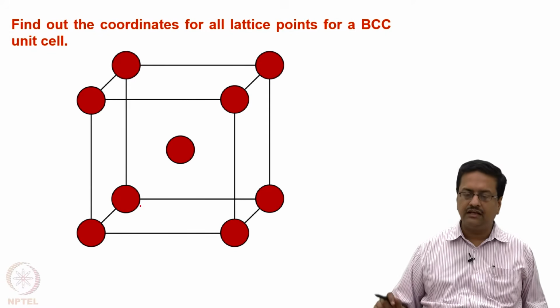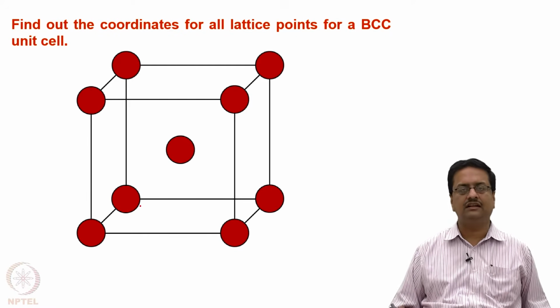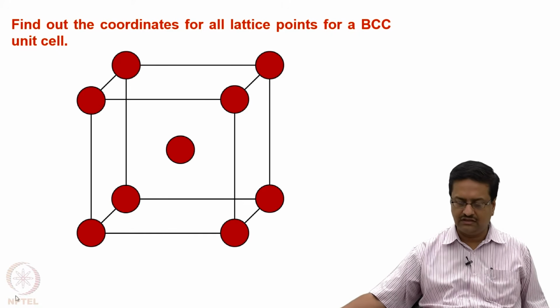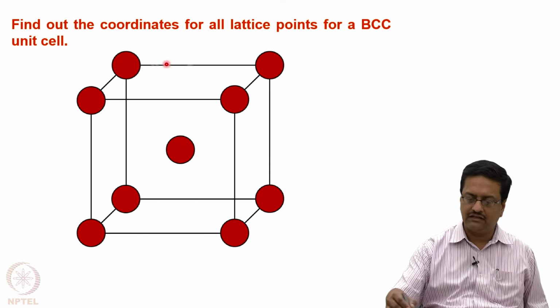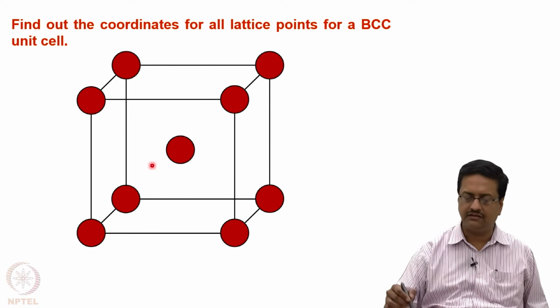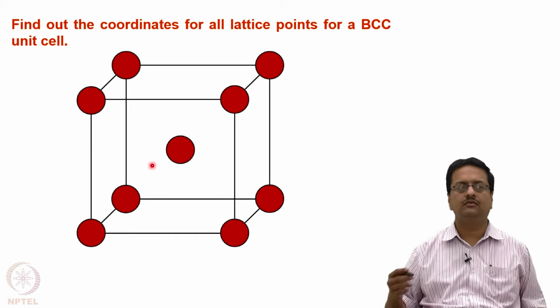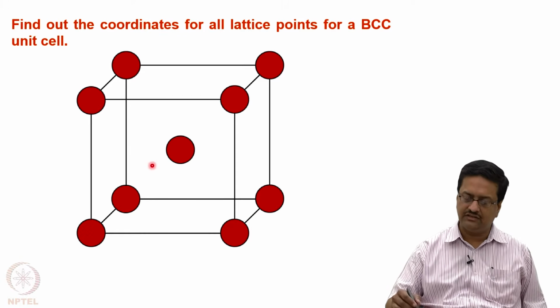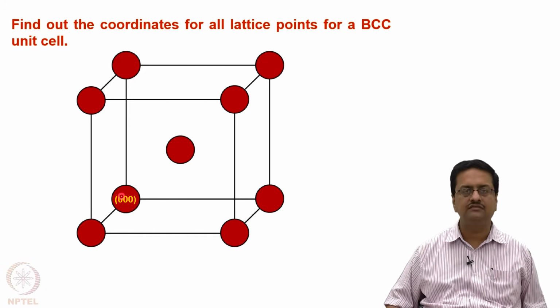In the case of a body-centered lattice, we have atoms at the 8 corners, as you can see, and an atom at the center of the lattice. What are the coordinates of those corners with respect to a given origin, which is 0, 0, 0?